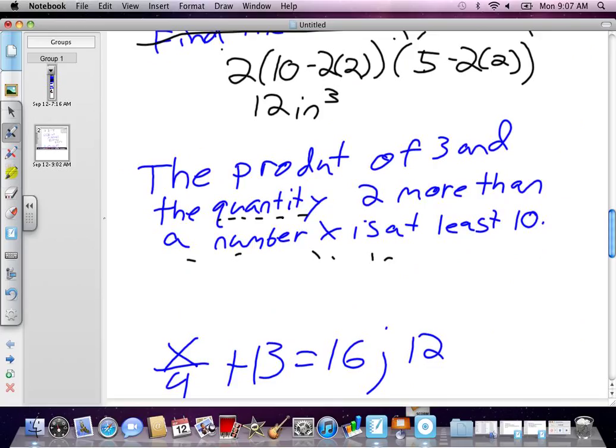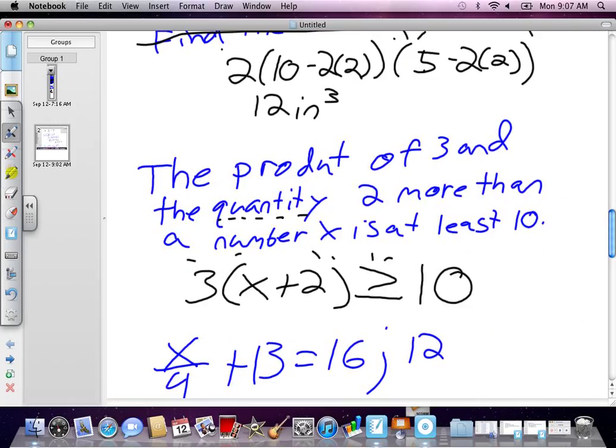So we've got 3 times parentheses, 2 more than a number, so we've got a number plus 2, is at least, so it's greater than or equal to 10. I promise you one just like this will be on your quest tomorrow. So quantity is an important word to know.